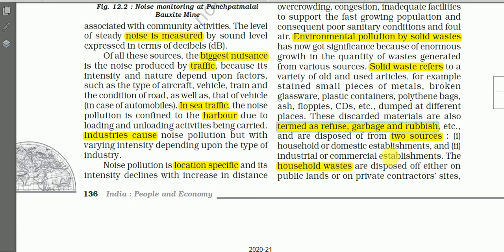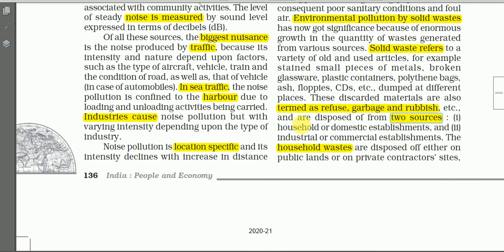These solid wastes are disposed of from two sources in big cities. The first is household and domestic establishments, from the buildings. The other is industrial and commercial establishments: the industries, offices, big shops, malls.